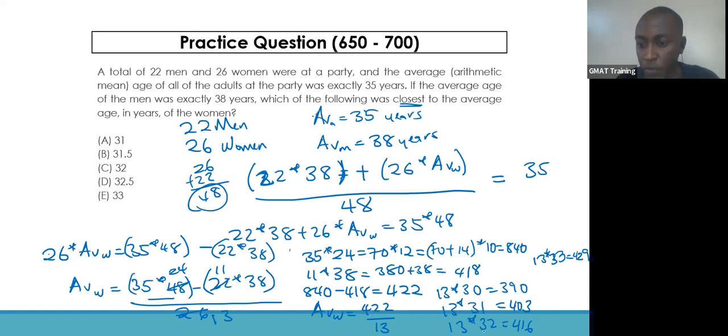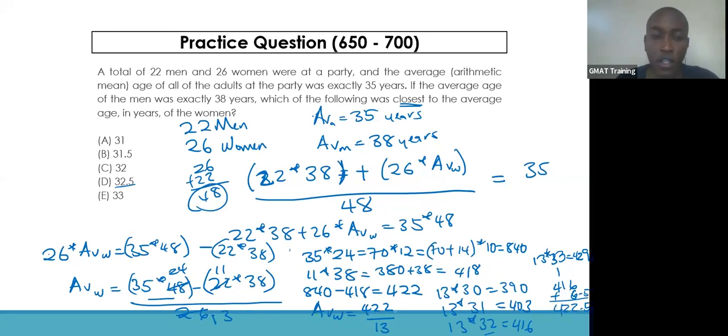So we need something greater than 32, but less than 33. And that should be 32.5. We can just confirm that, so we have 416, 13 divided by 2, that's 6.5. So I can have 422.5. And what do we have? We have 422.